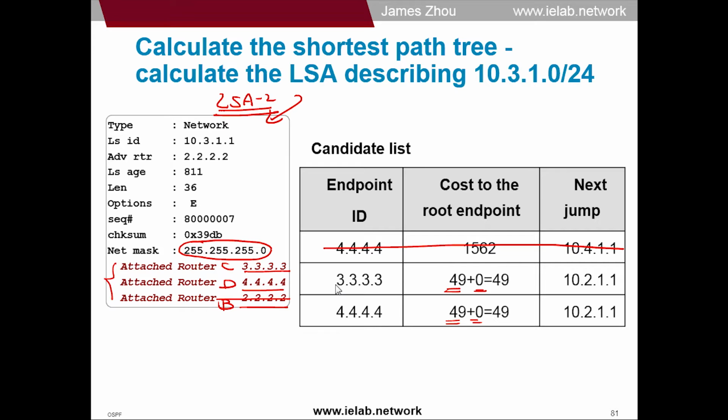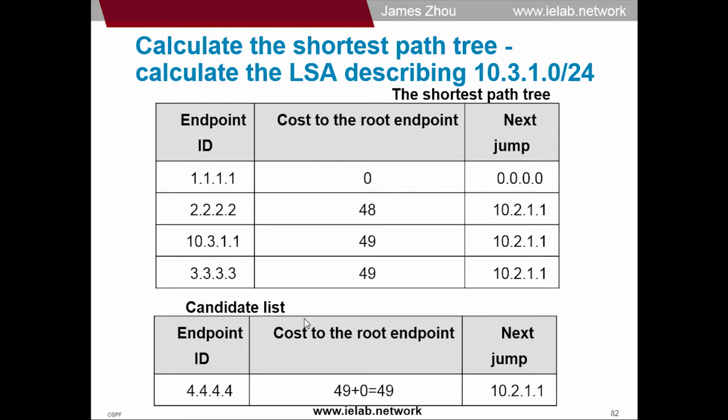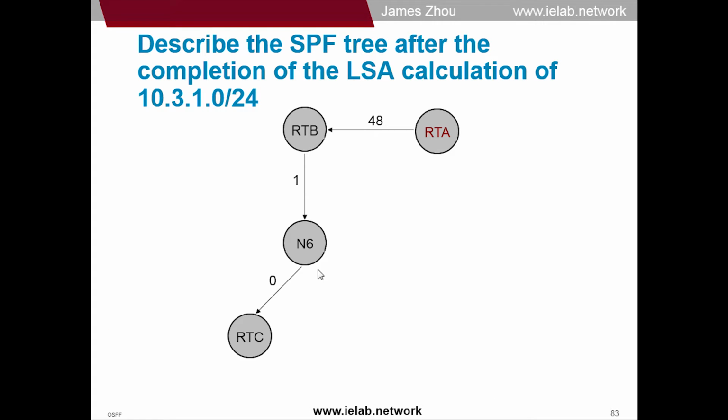Now these two entries will be added to the path list. Write the directed graph, the pseudonode to RTC. Here the cost is 0, right?